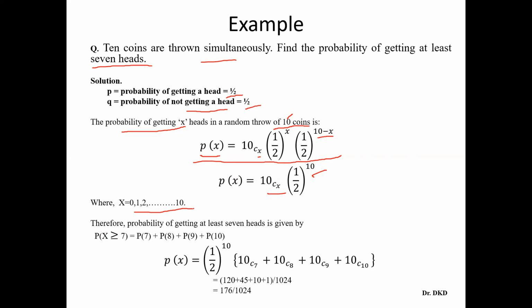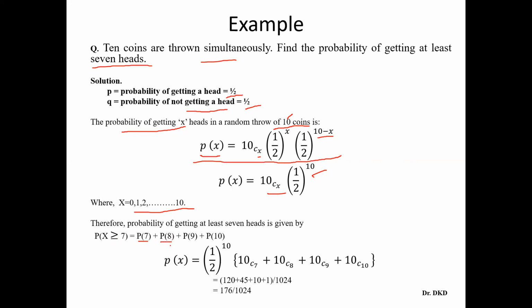According to the question, the probability of getting at least 7 heads is given by the probability of x greater than or equal to 7. As we know, we are tossing 10 coins simultaneously. What is the chance of getting 7 at a time? So what is the probability of 7, and of 8 or greater?